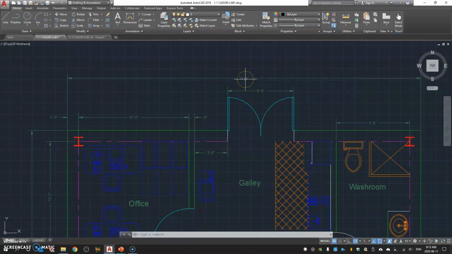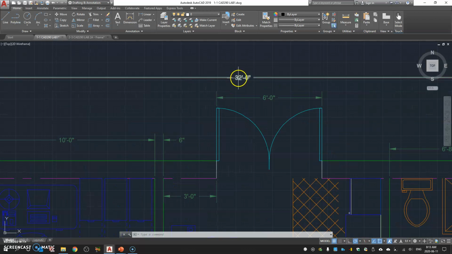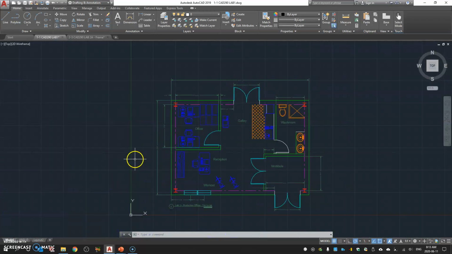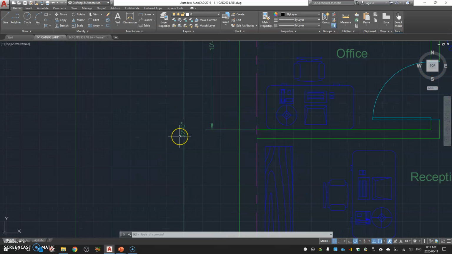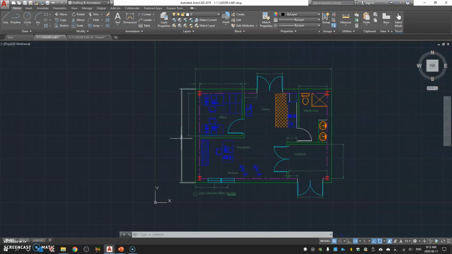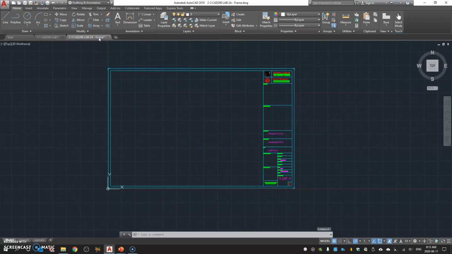And have a look at the building size. It's 32 feet by 22 feet. That's a big building. And this is my frame, or sometimes we call it title block. But title block is just this portion of the drawing frame, though people usually call this one title block too.